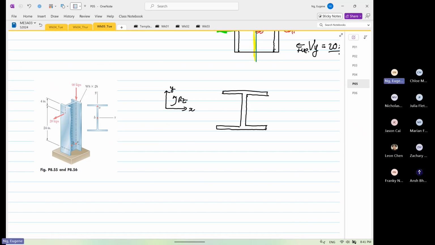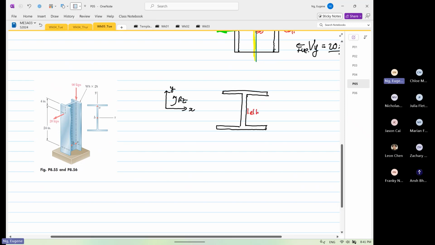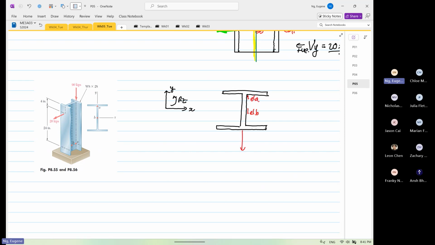And what we see, if we were to sketch, this is our element B. Over here is our element A. And we know that there's a force coming down here, and this is 20 times 10 to the power 3. And then we have a force going across this way, that's 90 times 10 to the power 3 pounds.